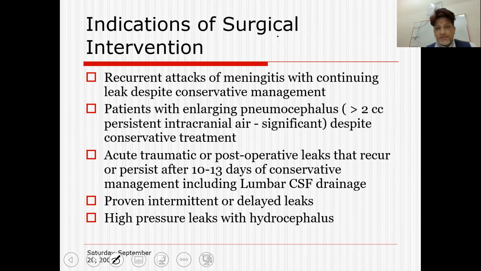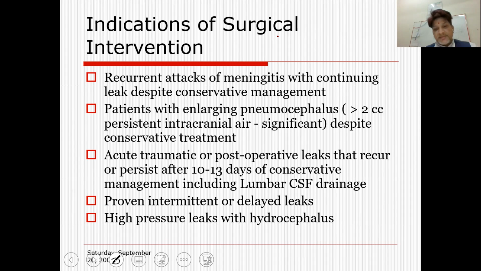You make a window into the skull, then lift up the brain, or give traction to the brain, in order to expose the bone or fracture or the area involved, and then you repair it through an intracranial approach from superior.